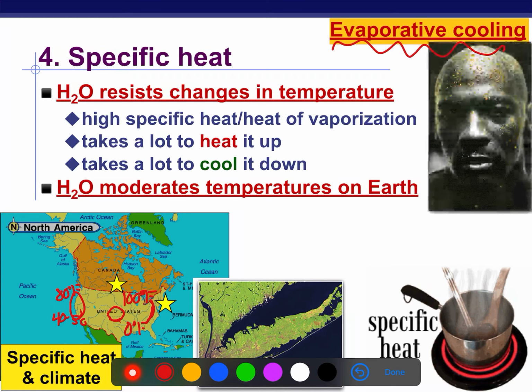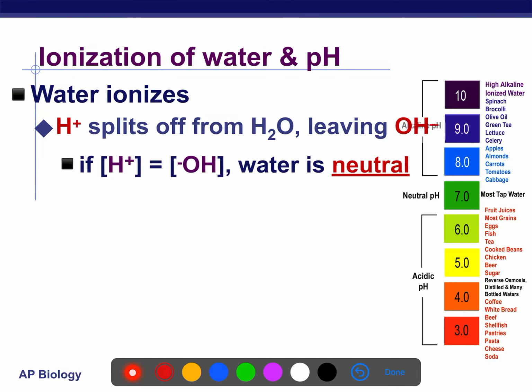And that is what's responsible for really cooling you down when you're hot. And so our bodies sweat or let off water to do this evaporative cooling, so that when our sweat evaporates, we are left with that cool sensation that cools our bodies down.